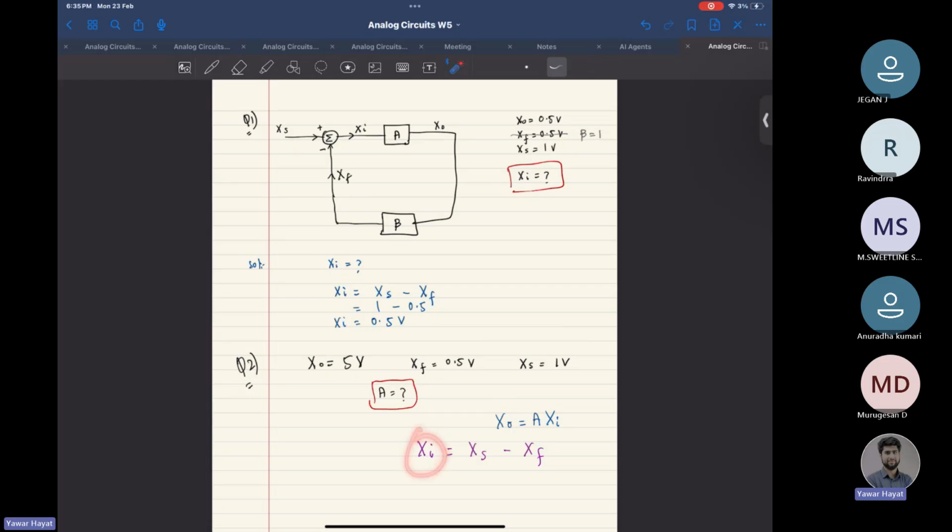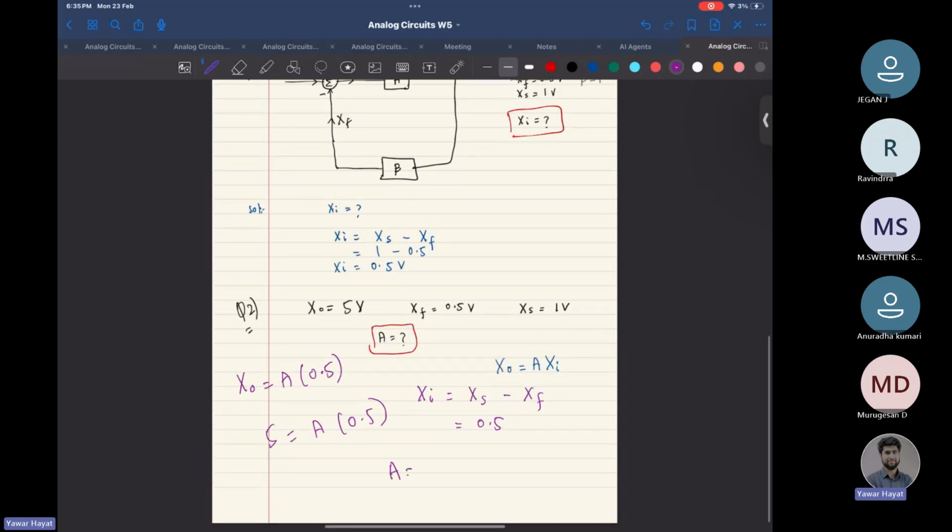So this is 0.5. The X naught is A times 0.5. What is X naught? So 5 is A times 0.5, which gives your A as 10. Is this clear?